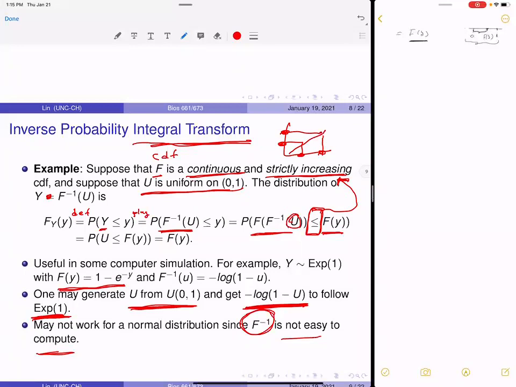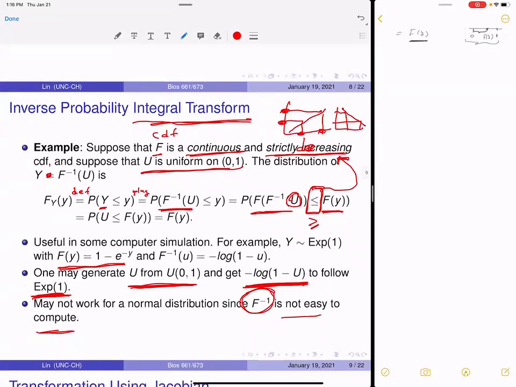What if I give you a function that is strictly decreasing? Then a bigger value becomes a smaller value, and a smaller value becomes a bigger value. At that time, you would need to change the direction of the inequality. Think about it.